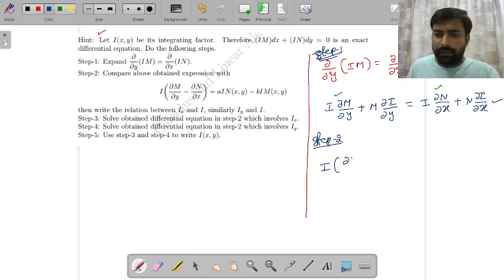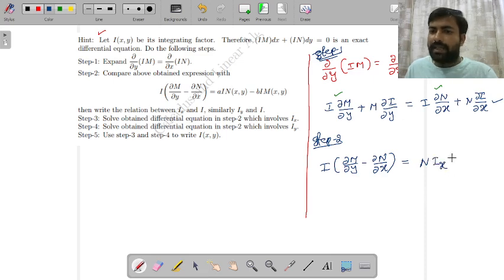So I into (∂M/∂y minus ∂N/∂x). Now you take this expression to the other side, so that you'll have N into ∂I/∂x, I can write it like this, Ix, minus M into ∂I/∂y, you can write it as Iy.